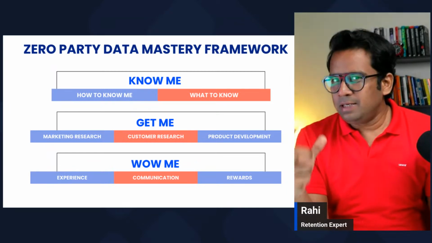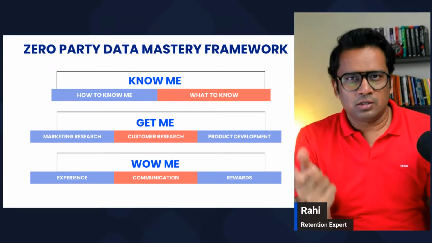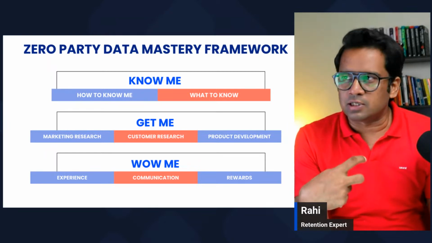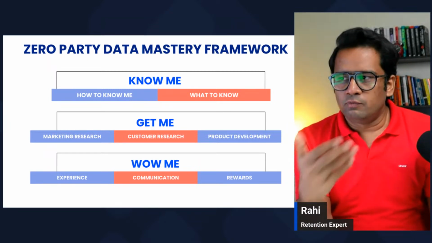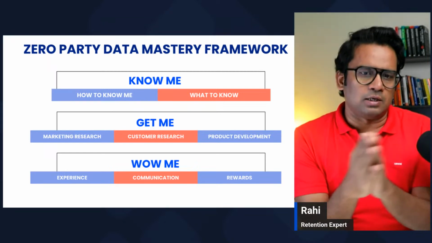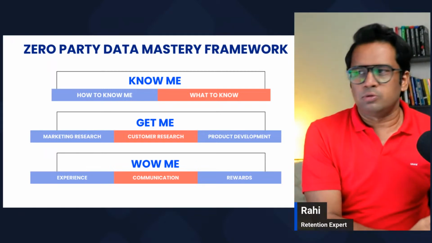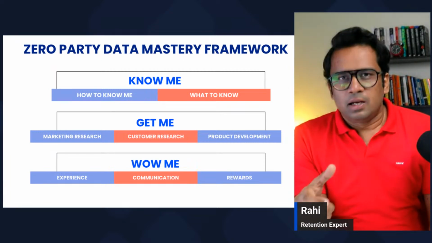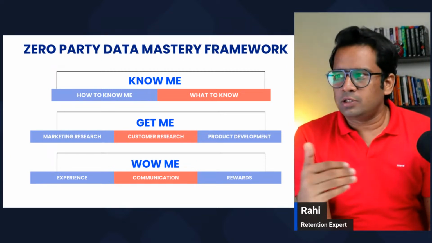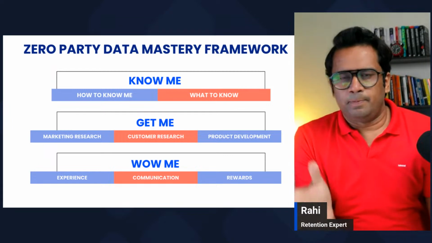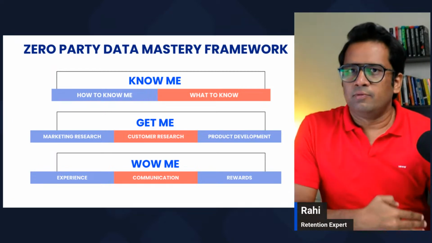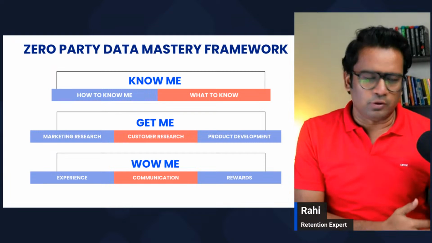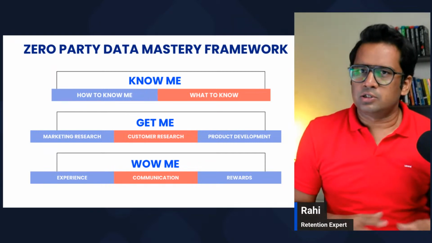Second is Get Me, which is more on the research side: you understand the data, the user, and the persona, and then how you add value to the user, to their experience, to their communication, and to their reward. This is the standard proprietary framework we have for zero party data, and for a new brand, everything is structured around that.